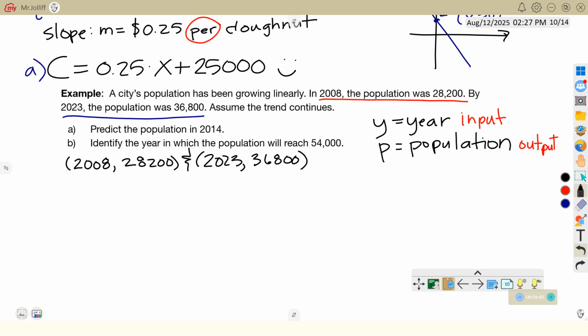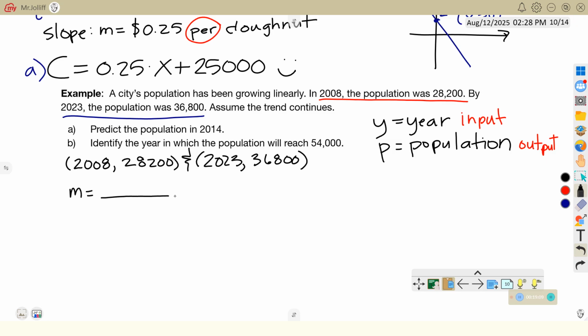Step 3. What should I do at step 3? I'm writing a linear equation. What do I do now? We just did it for the warm-up. Yeah, so the slope equation. Perfect. Let's find the slope.